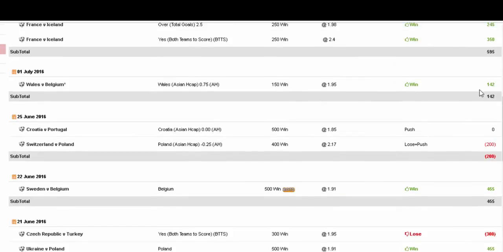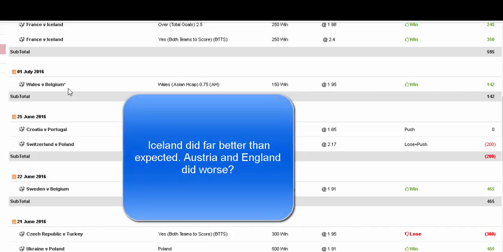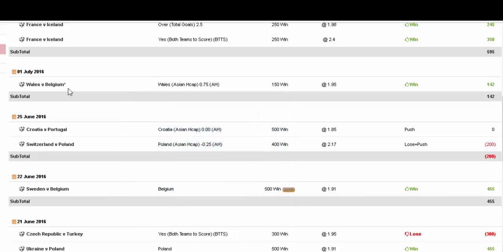So still, Wales, Belgium. I thought, because basically Wales had been in the same group as Belgium in qualification, and they'd won once and drawn. So Belgium hadn't beaten Wales in their recent run-ins.